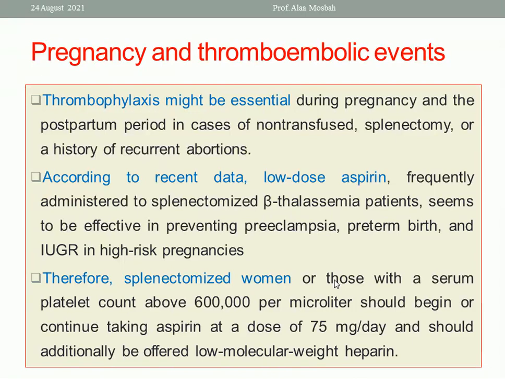And all of us know that thromboembolism is life-threatening, so I should give the patient low molecular weight heparin, specifically for patients who have splenectomy and who have a platelet count of 600,000 per microliter or more, plus I will give aspirin in a dose of 75 or 81 milligram per day orally to protect from preeclampsia, preterm birth, and IUGR.